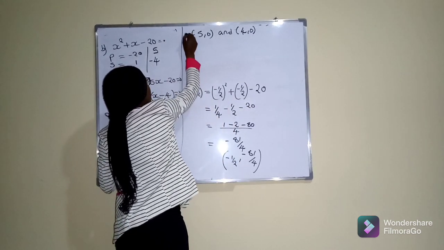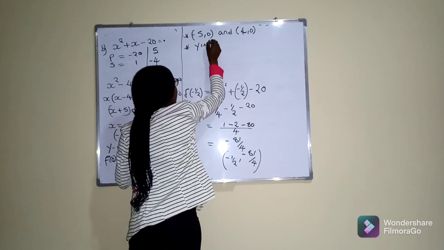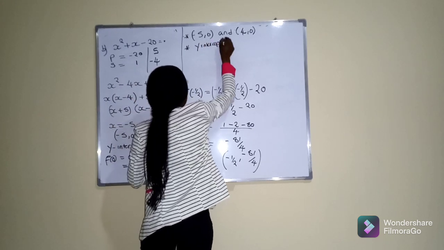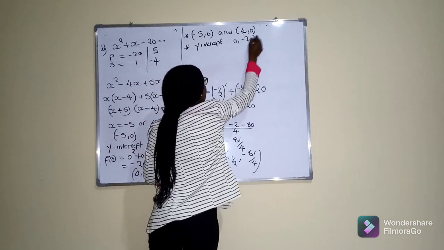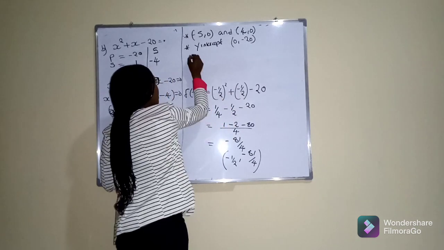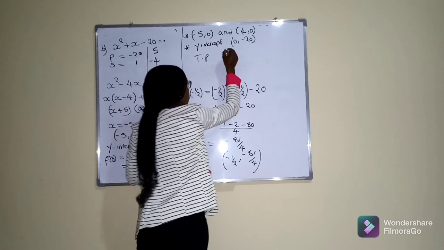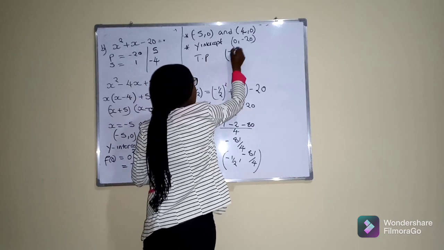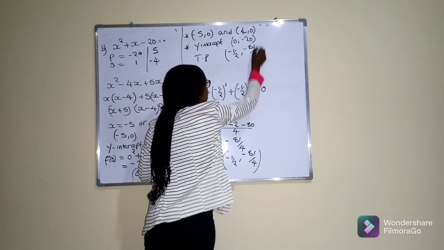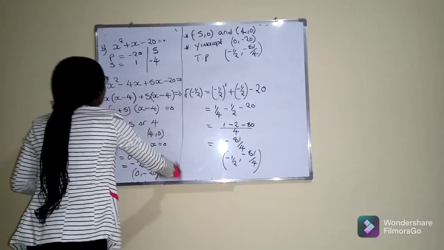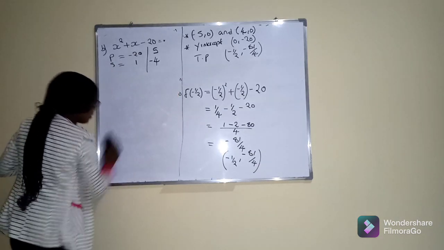Then we have our y-intercept to be 0, -20. And finally, we have our turning point, which I'll denote by TP, turning point, which is -1 over 2, -81 over 4. Okay, so we are good to go. So I'm going to wrap this side so that we can now sketch.